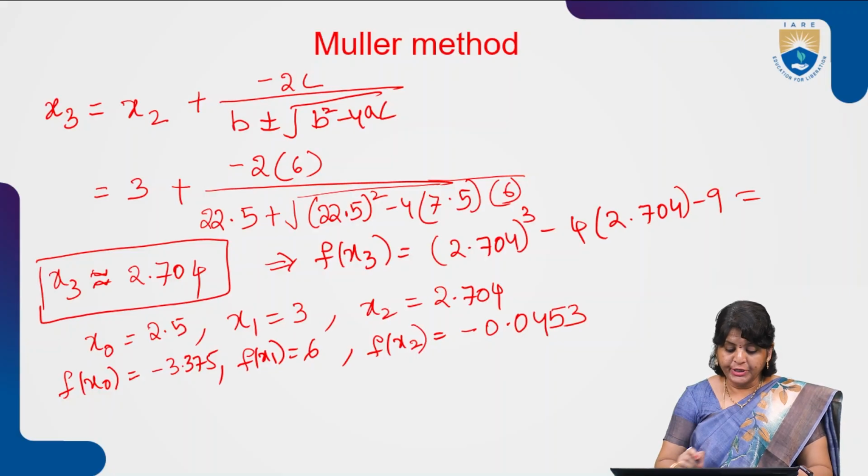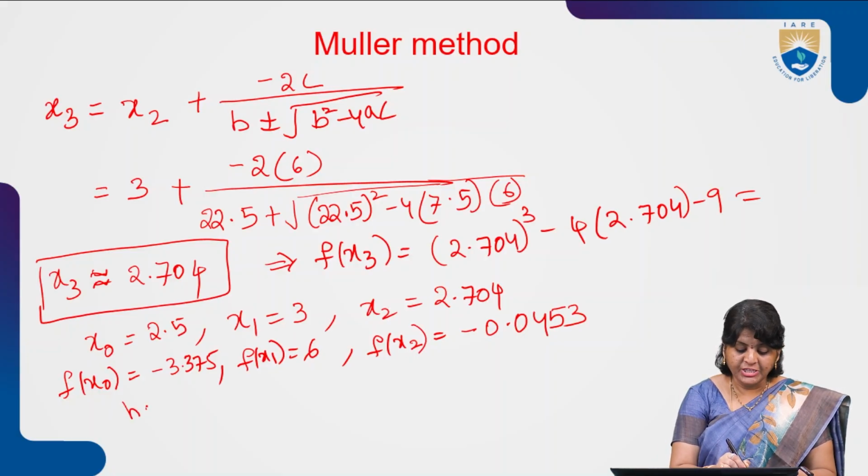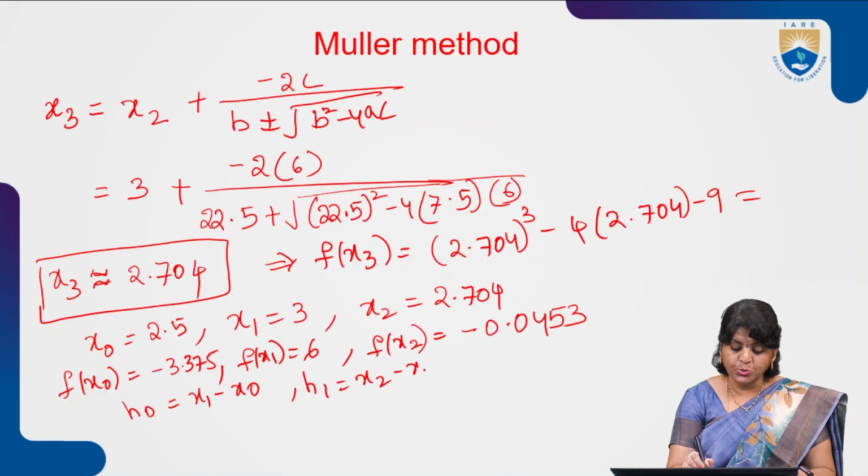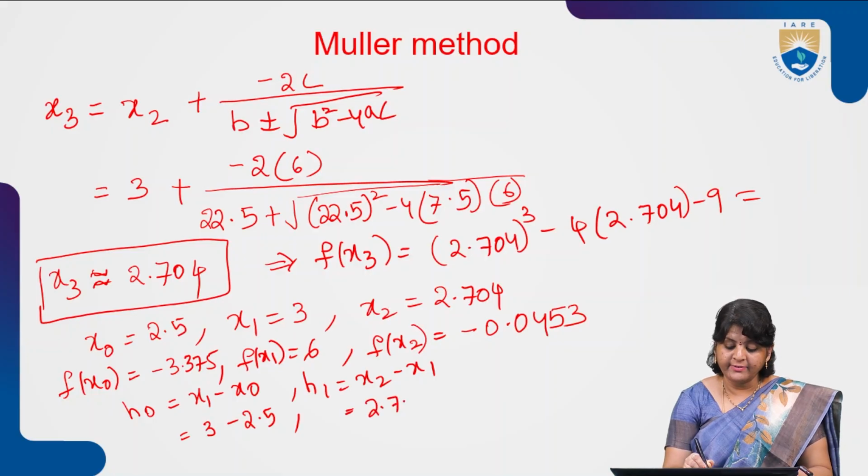Now again you need to find h0 as x1 minus x0, and h1 as x2 minus x1. So x1 is 3 and x0 is 2.5. For h1, x2 is 2.704 and x1 is 3.